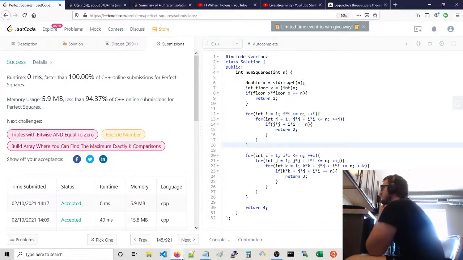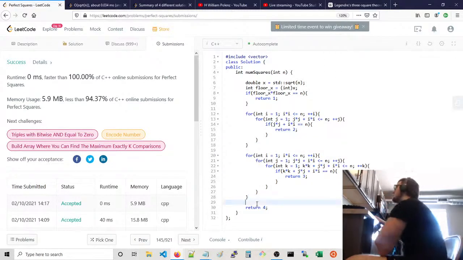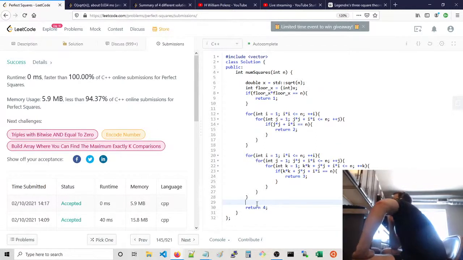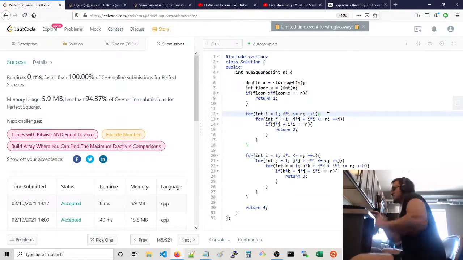For some reason it works out, but how do we modify these? We just make these faster. I want O of square root n. Oh, I know. I can make this faster.